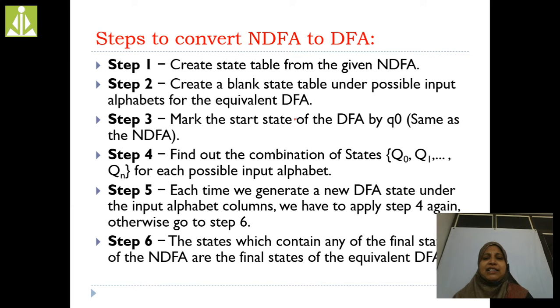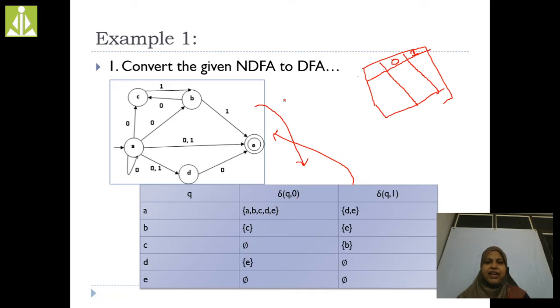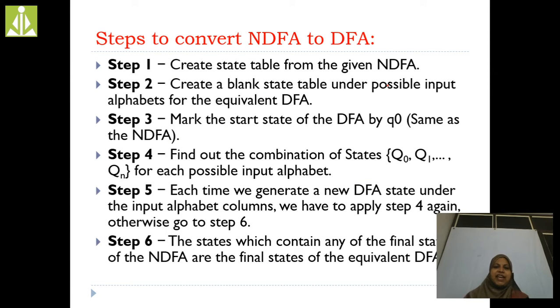Mark the start state of the DFA by Q0, same as in NDFA. In the given example, which one is the initial state? It is indicated by this arrow, so A is the initial state. We have to start from this A. Find out the combination of states Q0, Q1, Qn for each input alphabet.